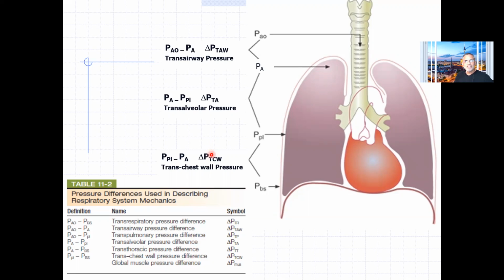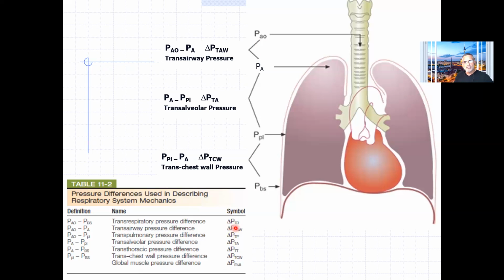Now, one of the things that we can do is we can look at some others and look at the relationship between the airway opening pressure and the body surface pressure. And so if we look at that relationship and look on our table, we can see that the relationship between the airway opening pressure and the body surface pressure is called trans-respiratory pressure.